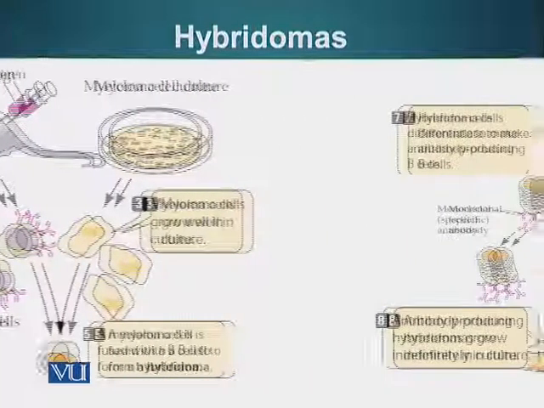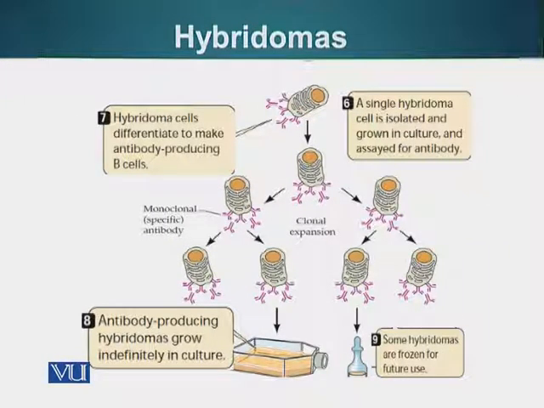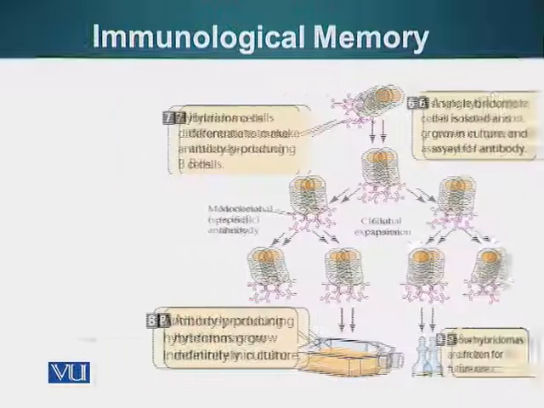These fused B cells are grown in culture, and the media containing the antibodies is removed, and antibodies are isolated from it, purified, and given to patients. Some of these cells can also be frozen and last a long time. So this is another way immunological memory can be exploited for the benefit of people.